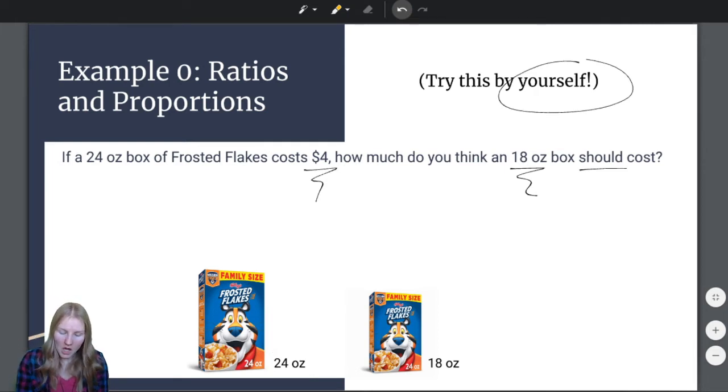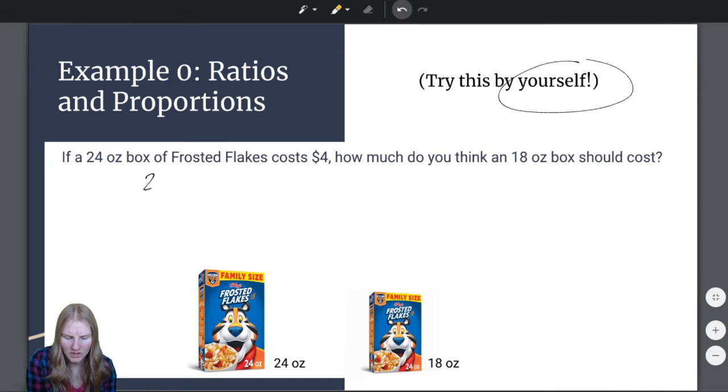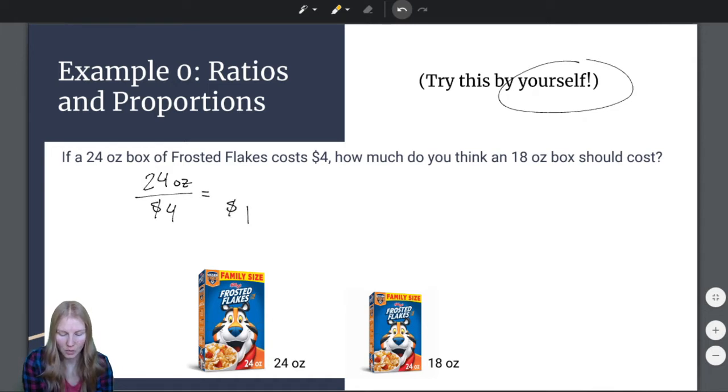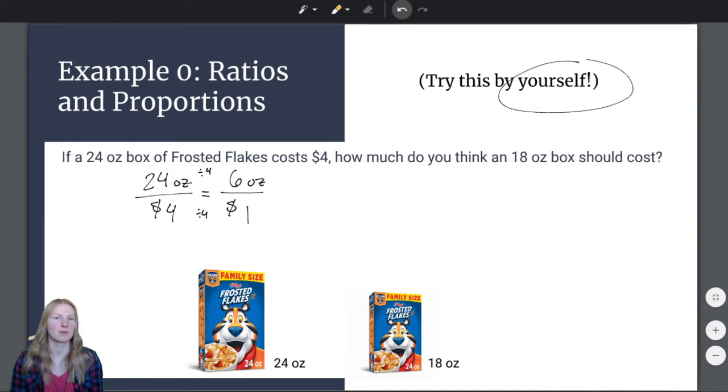problem. One of the ways that I see more often in students is they say, okay, 24 ounces costs $4. That means if I spend $1, I will be getting 6 ounces, right? These are equivalent fractions. We just divided by 4 on the top and bottom. And then they say, oh, okay, 6 ounces is $1.